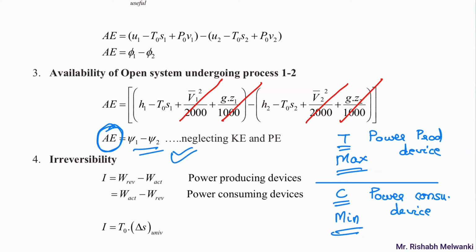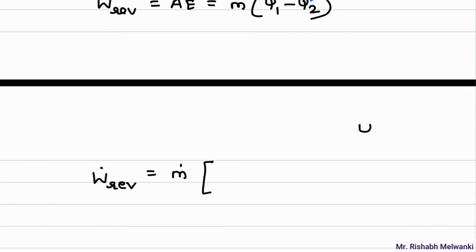Okay, so I'll write it down. Psi is H minus T0 S. Now this s will be small, this entropy will be specific entropy, and this enthalpy will be specific enthalpy. Why? Because psi is kilojoule per kg, so this is on a per kg basis, and we are multiplying this by m dot. So how will you get the units?